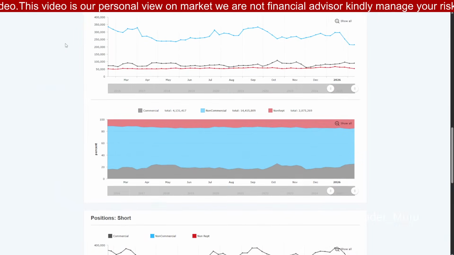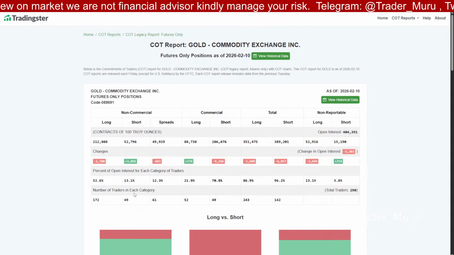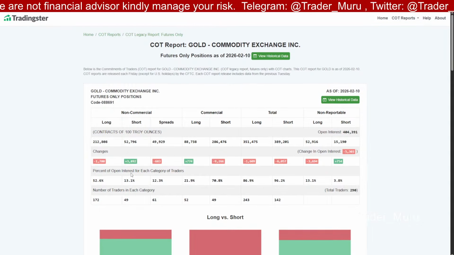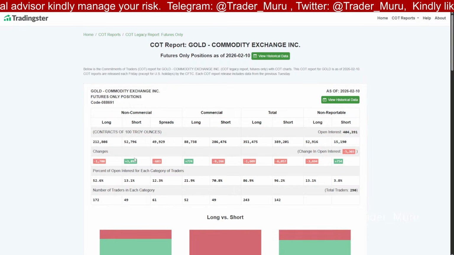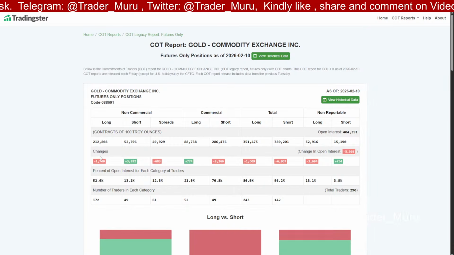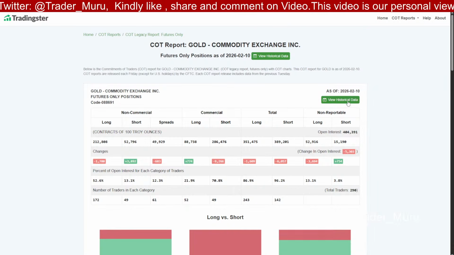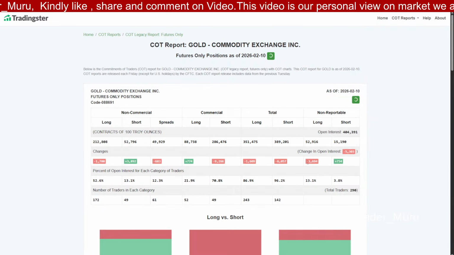If we see in COT reports here, the big players are adding short positions, and as we see they have cut the long more, 1,700 on the previous time.